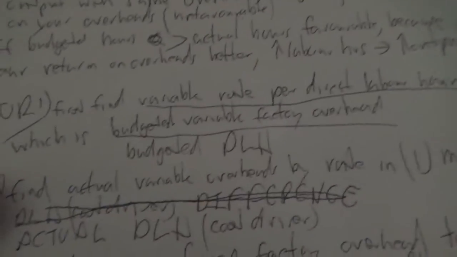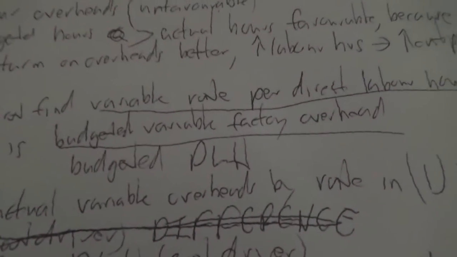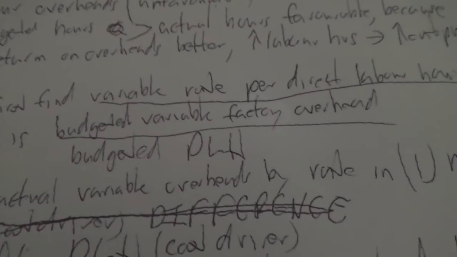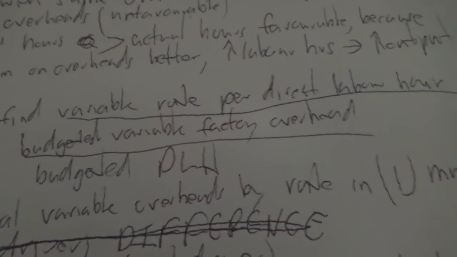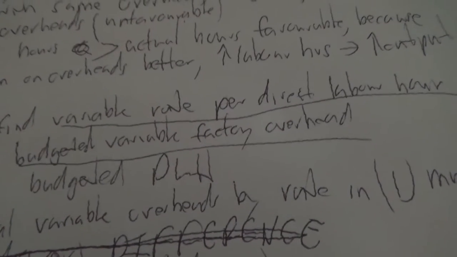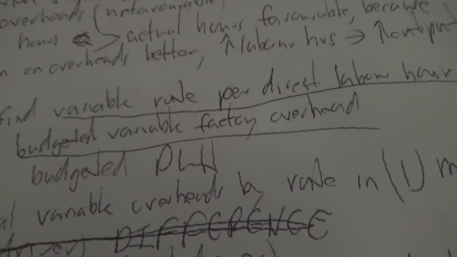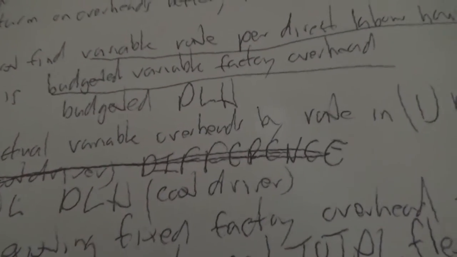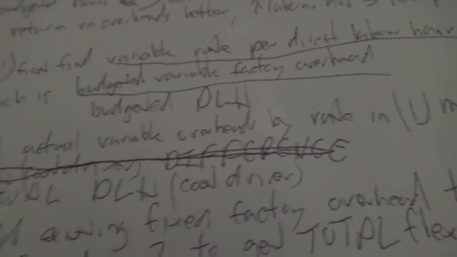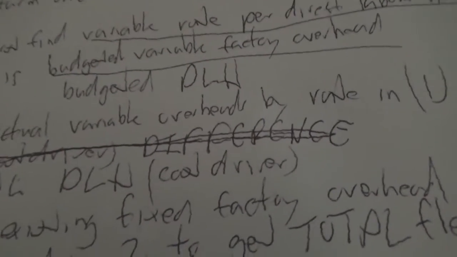There's another way of doing it in the O10 source. How you do this is first you find the variable rate per direct labour hour, which is the budgeted variable factory overhead in your numerator divided by budgeted direct labour hours in the denominator. Step 2, you find the actual variable overheads by multiplying this rate in step 1 by actual direct labour hours.